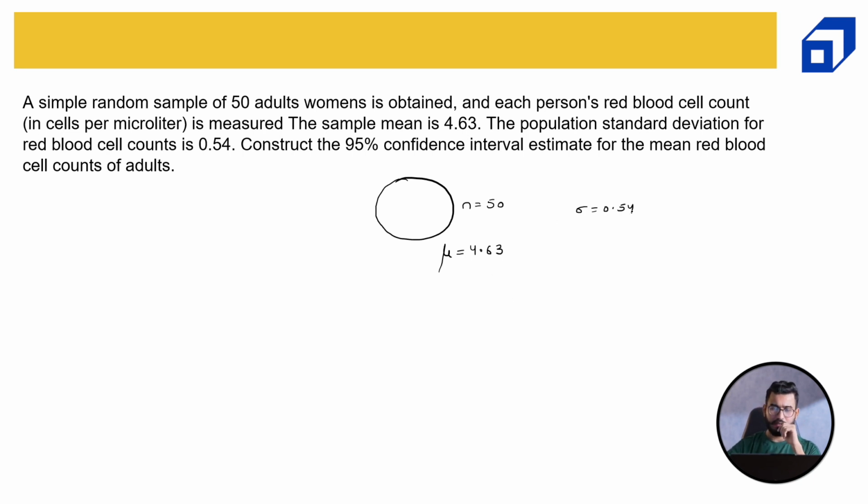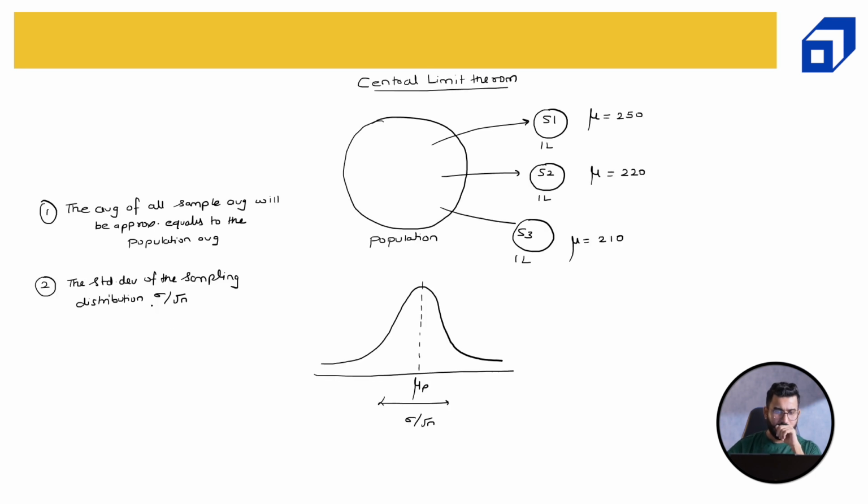Now let me go back, because I did not specify that this sigma represents the population standard deviation, and this n represents the number of observations in the sample.